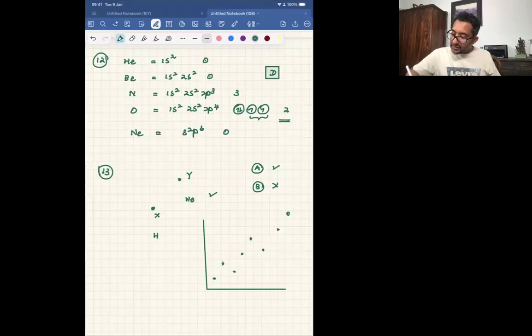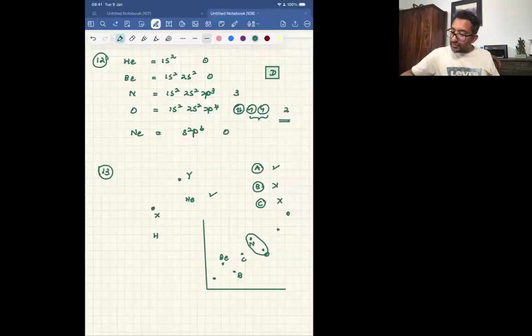So this is beryllium and this is boron. Then next one is 2s2 2p3, that is nitrogen and oxygen. Nitrogen and oxygen is also a drop. C is also wrong.